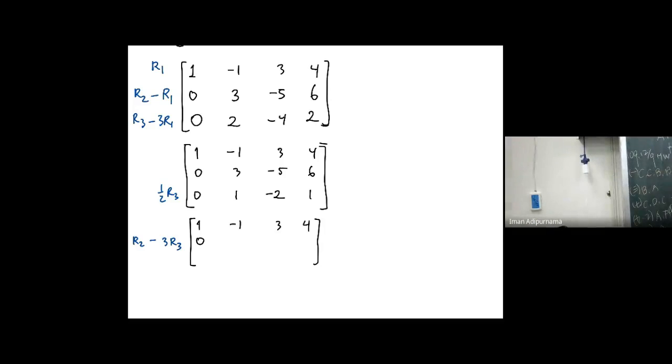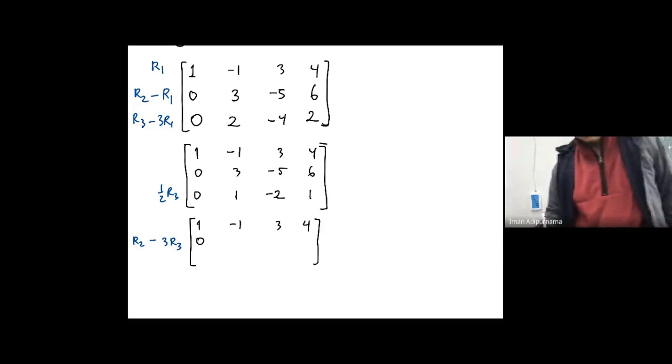So R2 minus 3R3, the first one is still 0. We have 3 minus 3, so it's 0. And then negative 5 plus 6, right? It's 1. 6 minus 3, it's 3. And keep the same at the bottom.